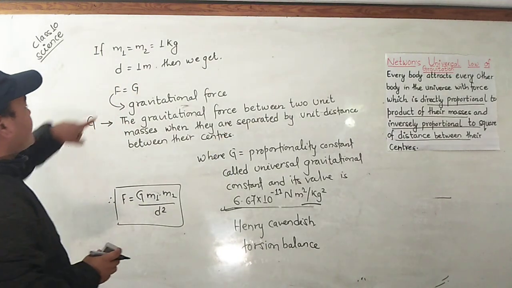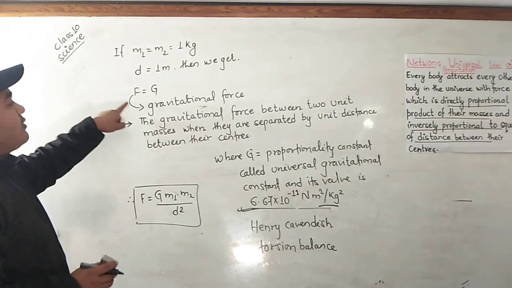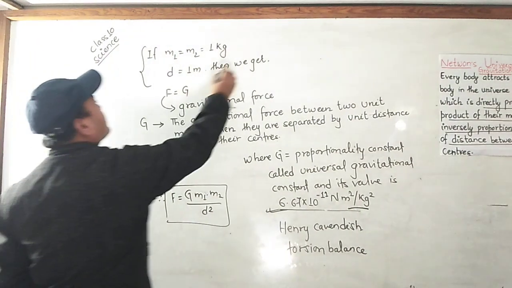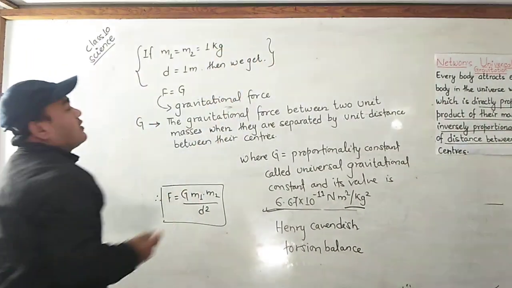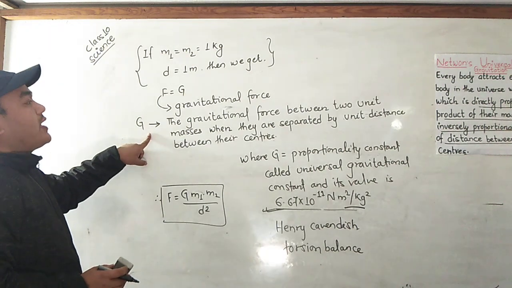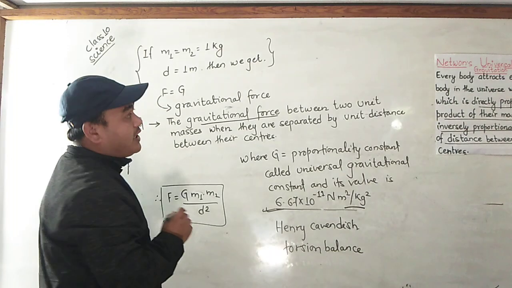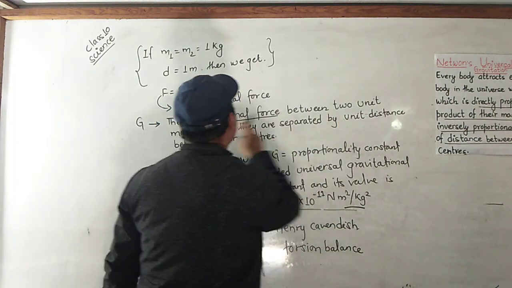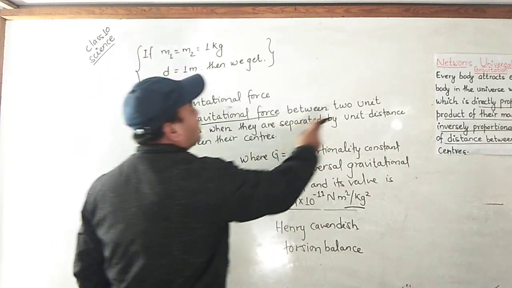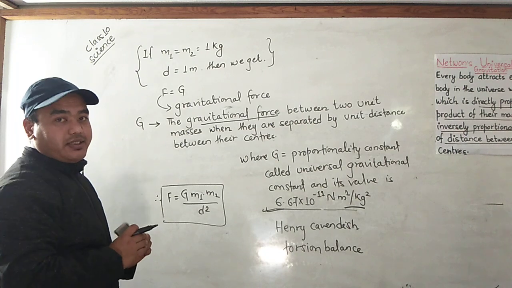So this gravitational constant capital G will be equal to the gravitational force if these conditions are given. So we can say capital G is the gravitational force, but you have to remember when it becomes the gravitational force: when the two bodies having unit masses are separated by unit distance.